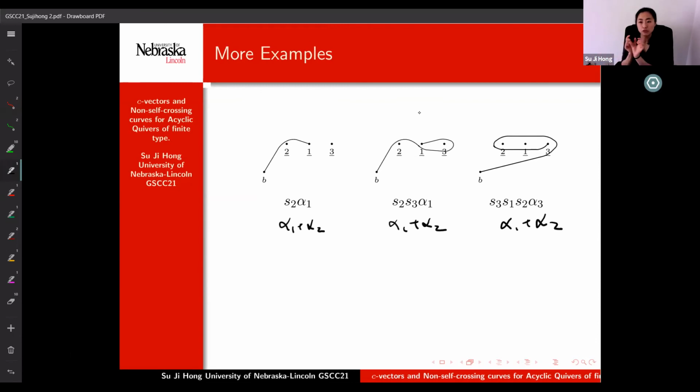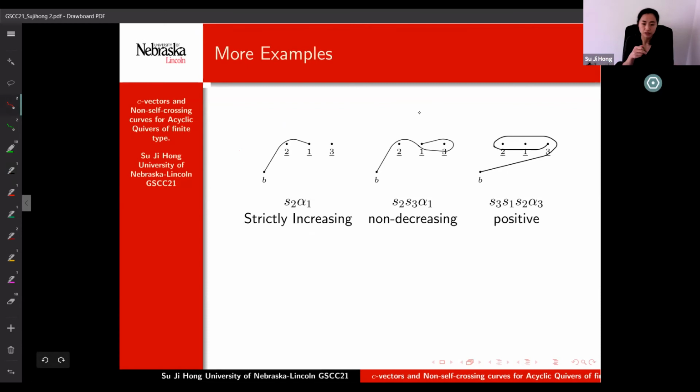So given one quiver, given one root, there can be many curves associated to that root. So we wanted to see if there's a way to categorize them. In a way, we only wanted to find the ones with the shortest length, and then we categorize them into something different.